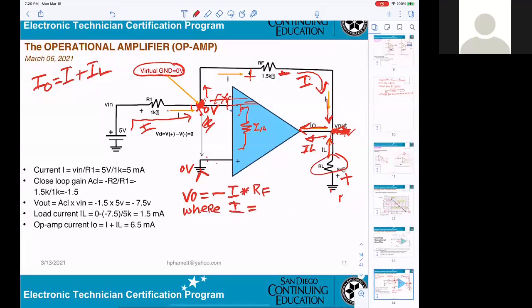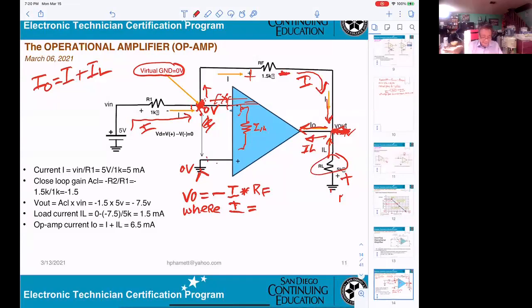You know what? I'll give you mine, then I'll make it small. You can see the current I right here. And this is a 5 volt V in. And this root right here, then you can easily find it by Ohm's law. Okay, you take V in divided by R1.